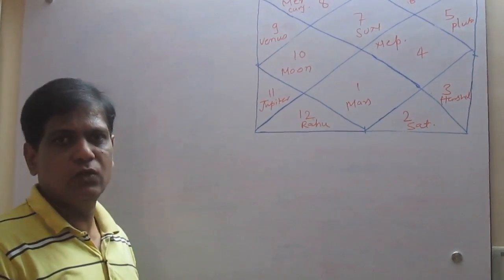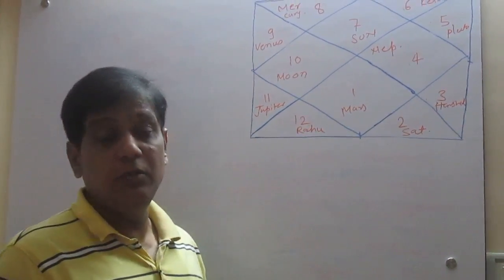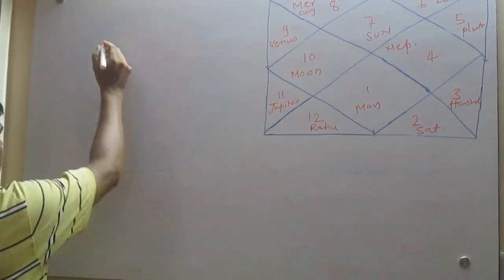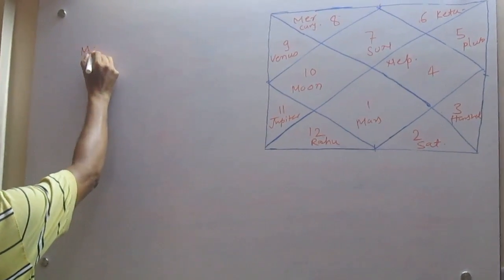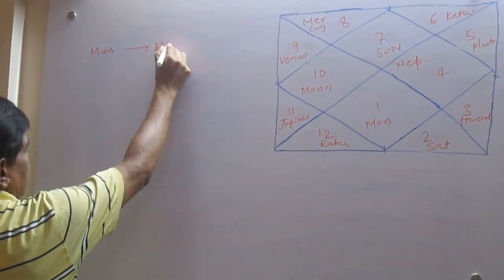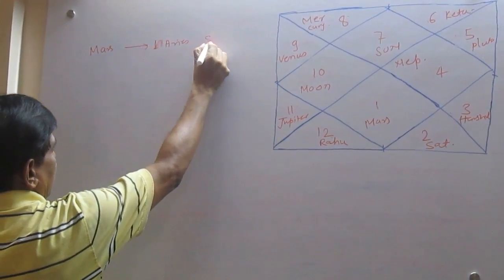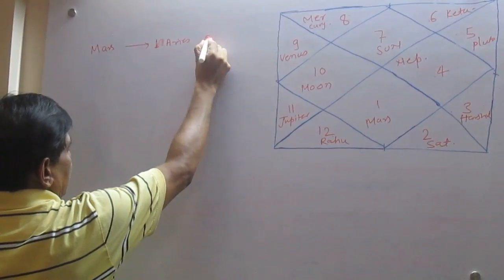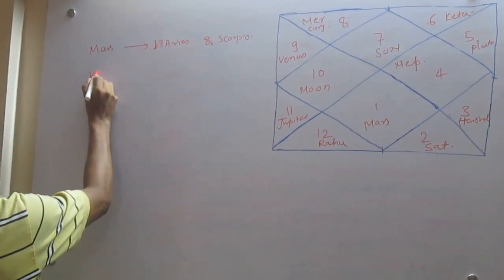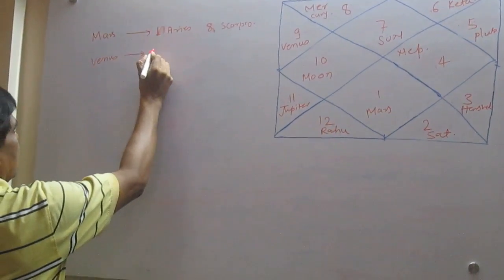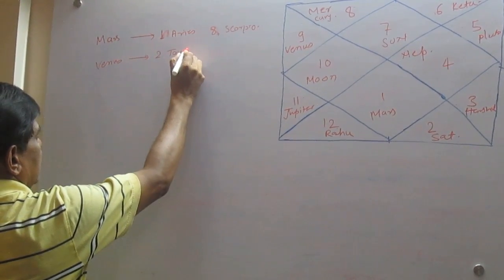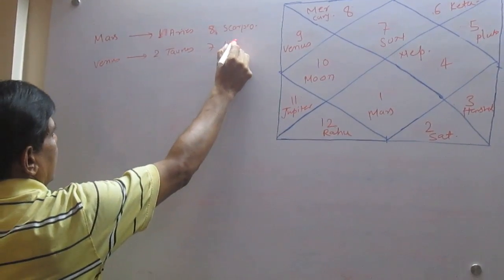Each Rashi has its own owner, which is called Adhipati or Bhavesh. I will write down. Mars, owner of Aries, number 8, Scorpio. Venus is owner of Taurus and Libra.